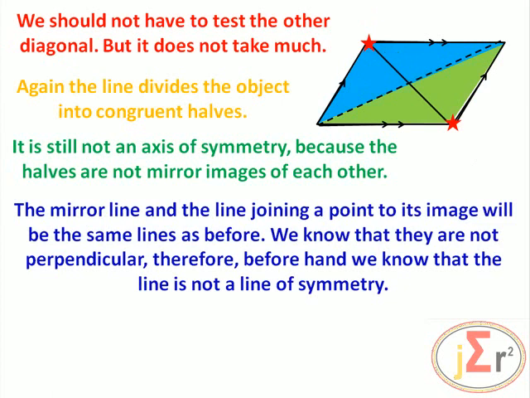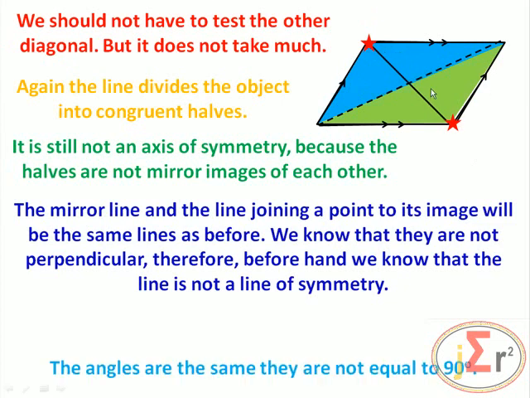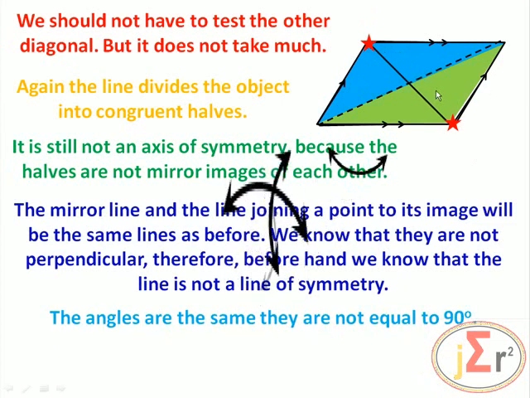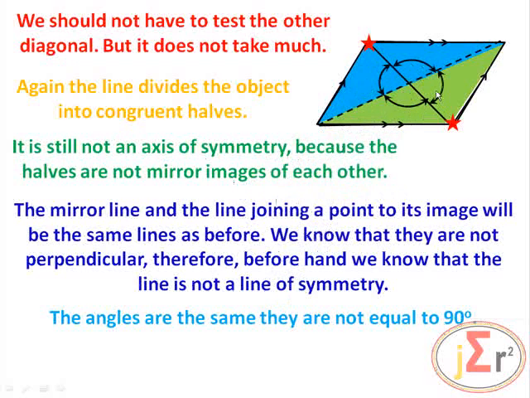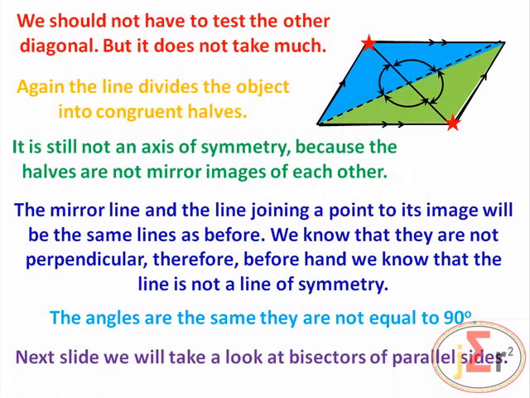And by using them, we concluded that the angles are not right angles. And because the angles are not right angles, then one half is not a mirror image of the other half, and the line is not a line of symmetry. Next slide, we will take a look at bisectors of parallel sides.